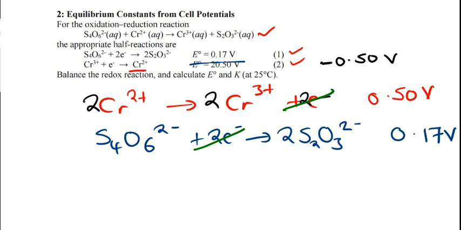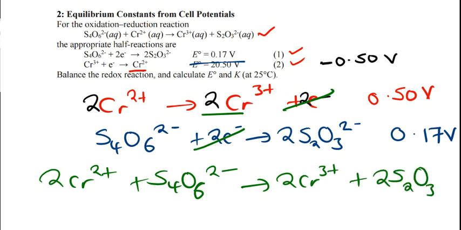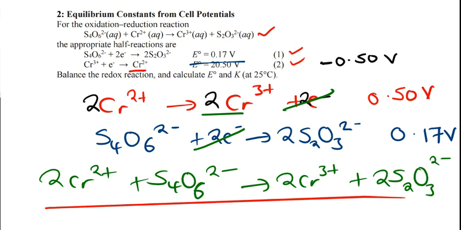So the balanced redox reaction, therefore, has 2 chromium 2 plus plus S4O6 2 minus, giving us 2 chromium 3 plus plus 2 S2O3 2 minus. Okay, so that's a balanced equation. You'd want to show the states, which are probably all aqueous.